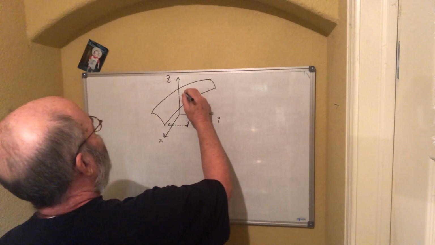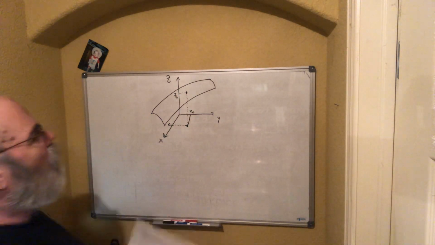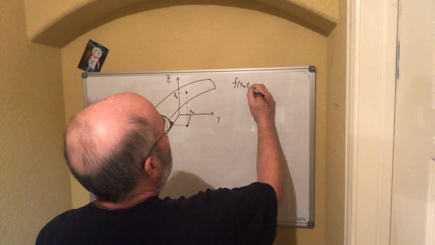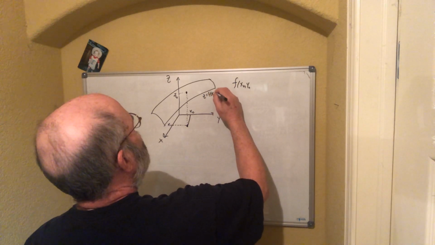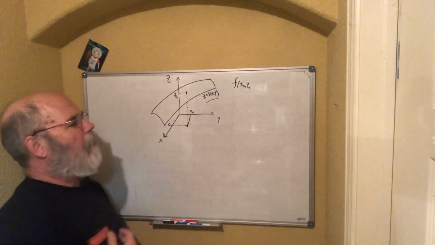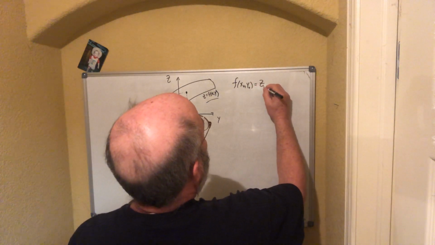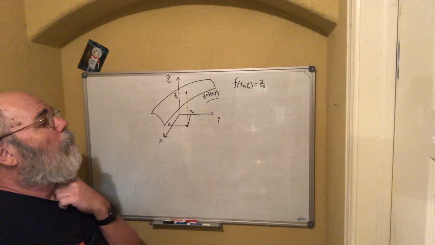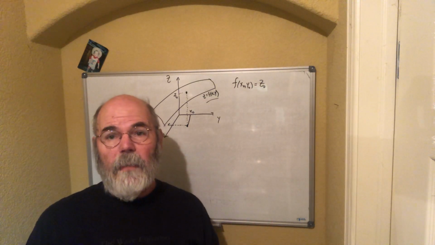This point has a value of the Z coordinate, and the curve I'm trying to draw here is the graph of the function Z equals f of x, y. The picture implies that x naught, y naught, z naught is a point where we know about things, and we're going to use that information to approximate values nearby.